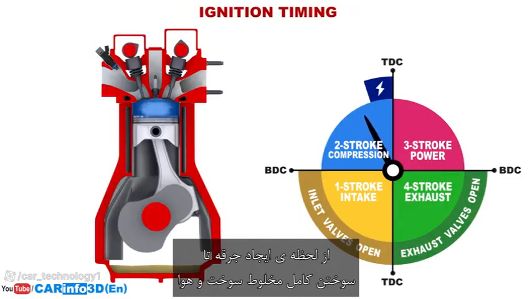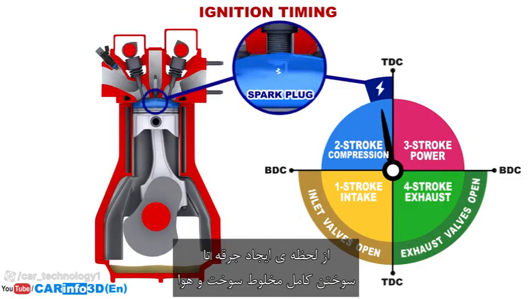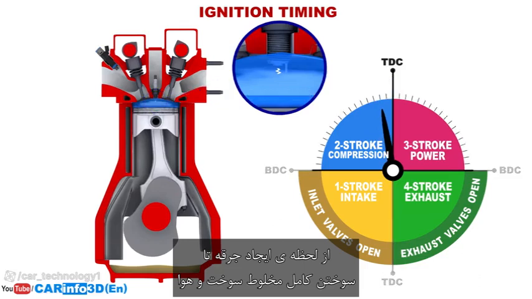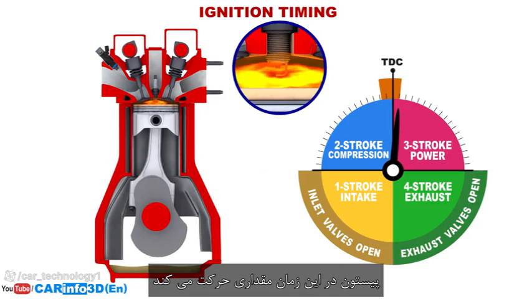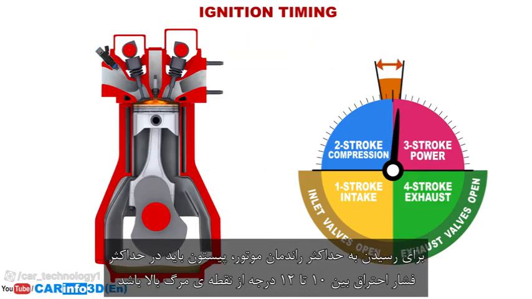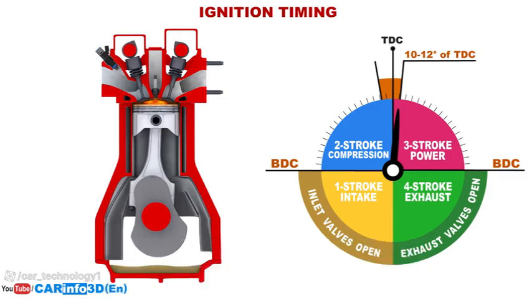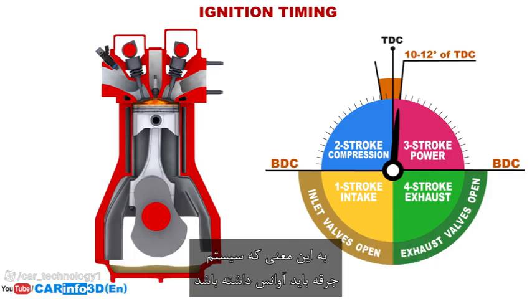There is some time between the appearance of a spark and the complete ignition of the fuel-air mixture and the maximum gas pressure. The piston moves some distance during this time. For maximum engine efficiency, the piston must be within 10 to 12 degrees of top dead center at maximum gas pressure. It means that the ignition system must start in advance.